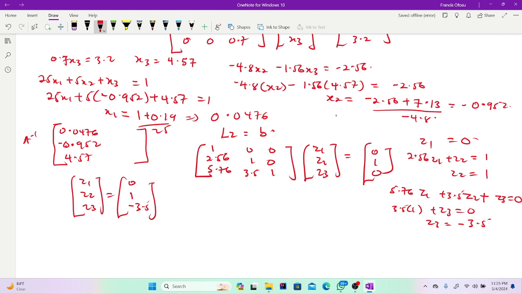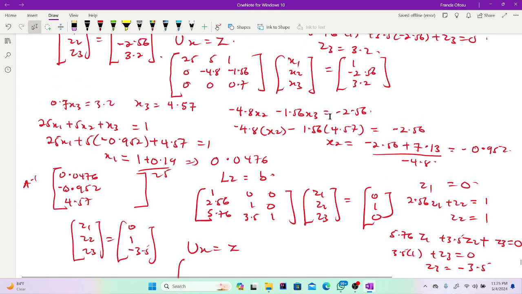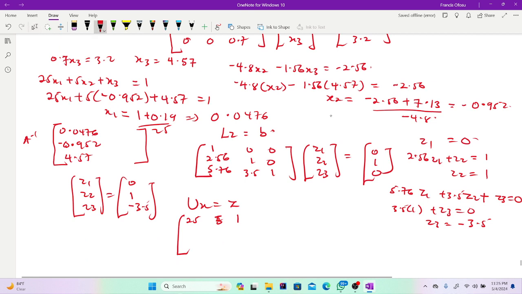Then I'll use my Ux is equal to Z to find the second column of our inverse. So what's my U? I go back again. My U is simply 25, 5, 1. Then I have 0, negative 4.8, negative 1.56, right?